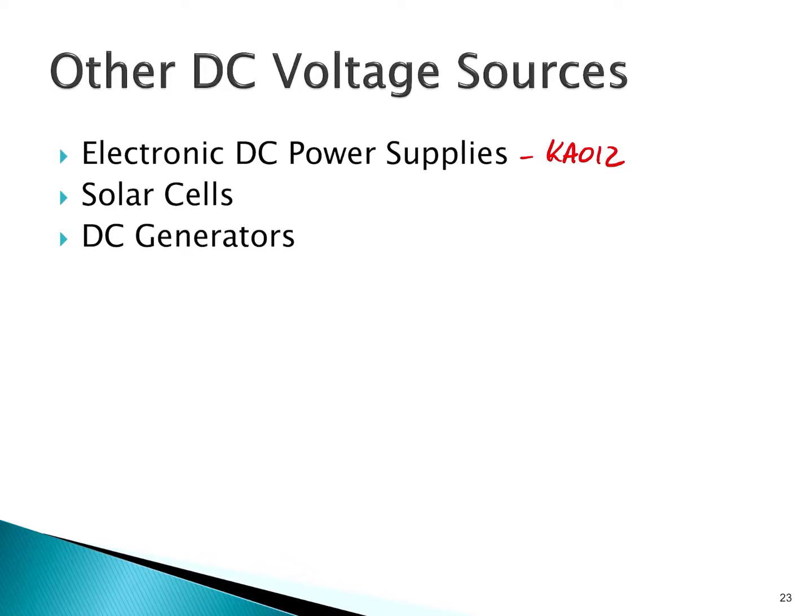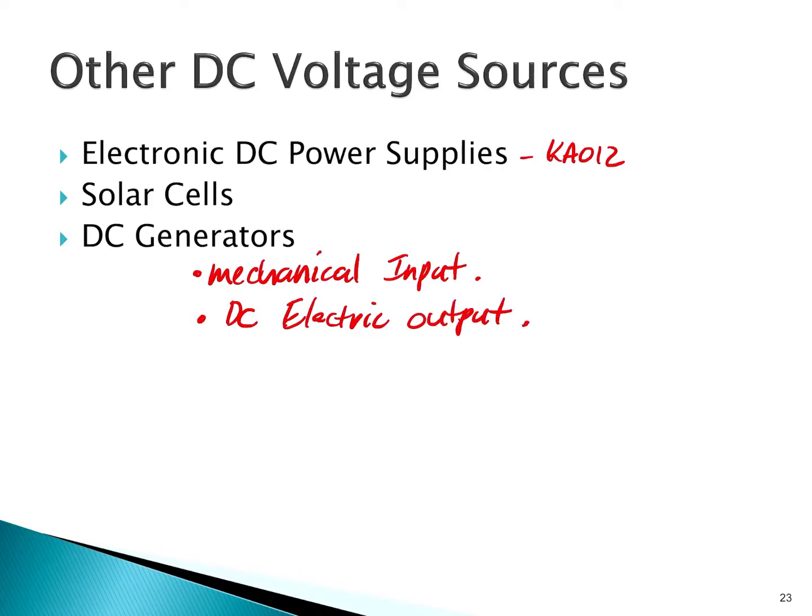Now a DC generator is actually a rotating machine with mechanical input, like a gas engine or something like that, and DC electric output.